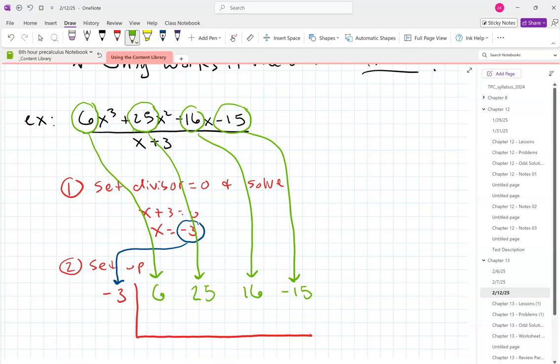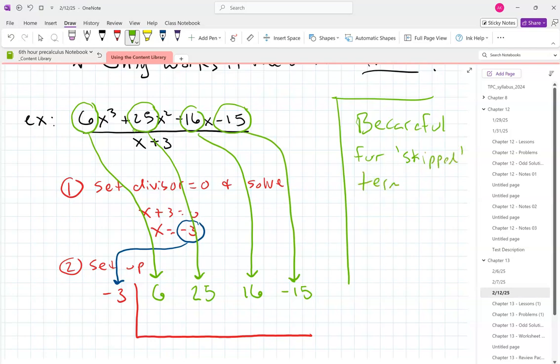Now, what do we have to be careful about here? We have to be careful about skipped terms. So if I went from x cubed to x's and I didn't have any x squareds, I have to remember to include a 0.